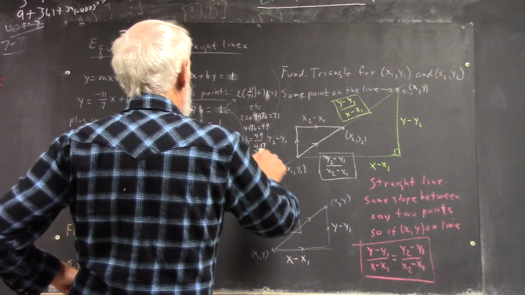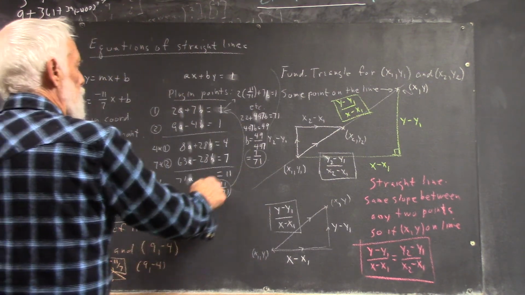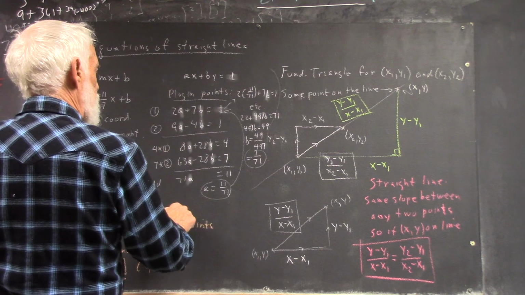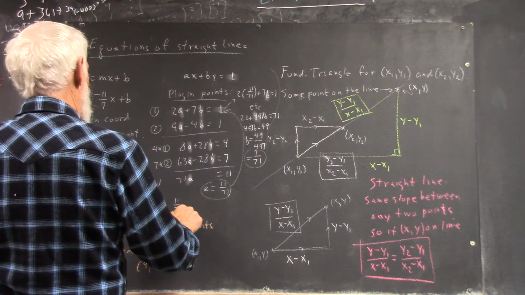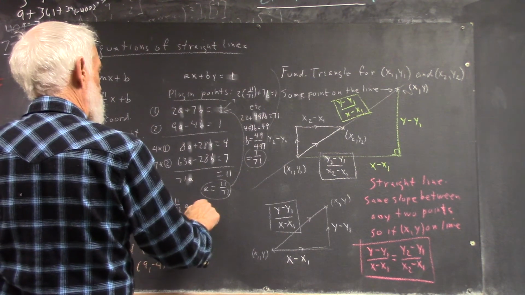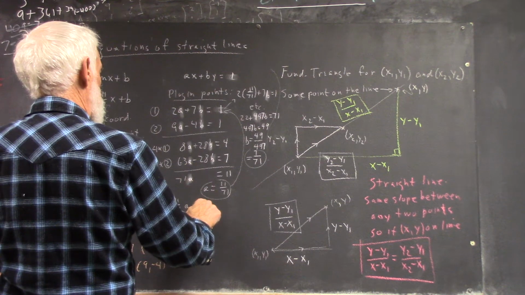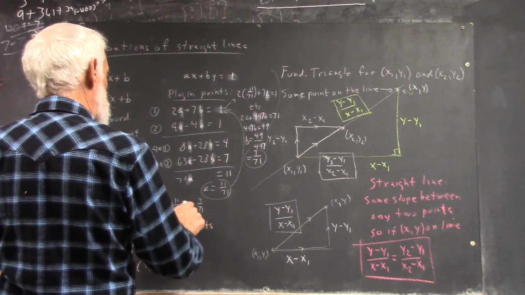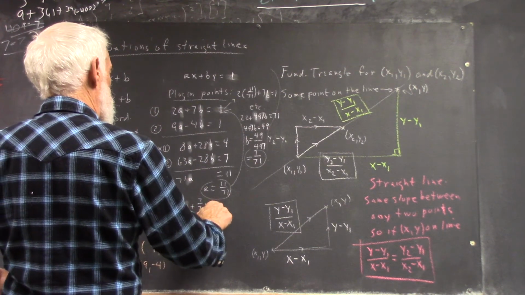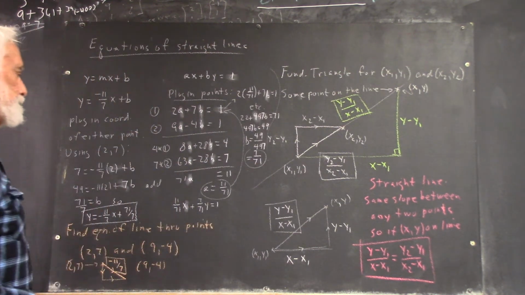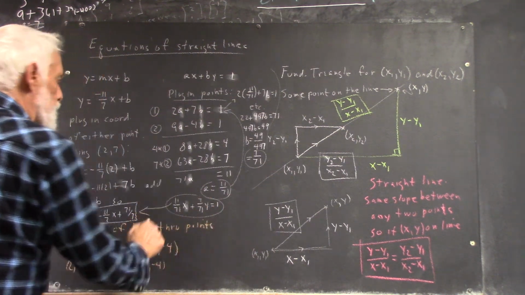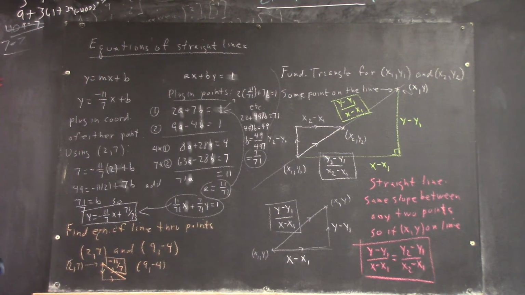So if I did all that right, this is the value of A, this is the value of B. We have this, and if you solve this equation for y, you get this equation, so that's right. Okay?